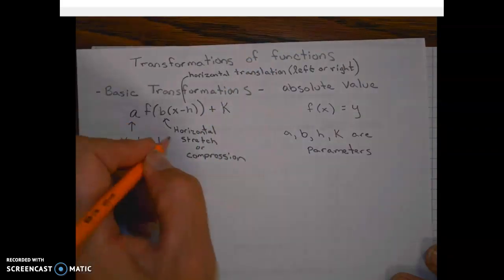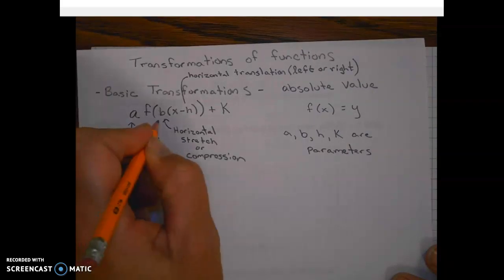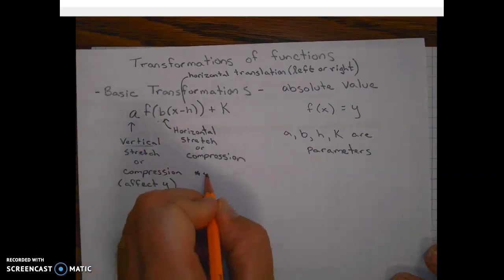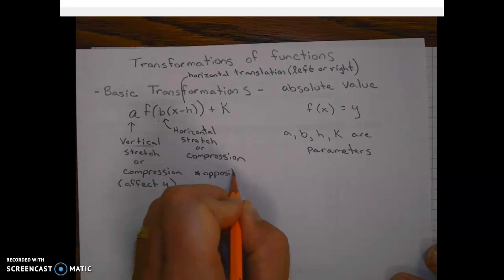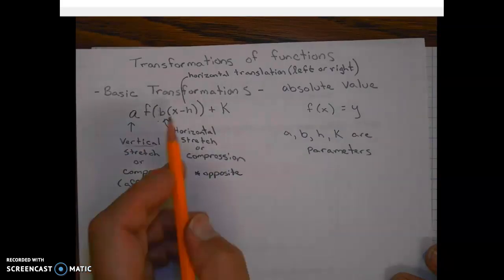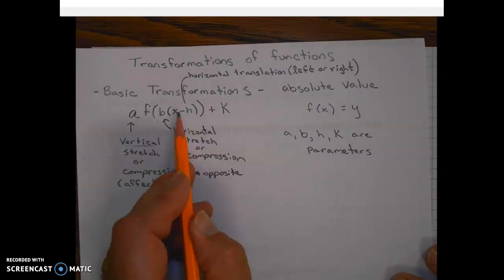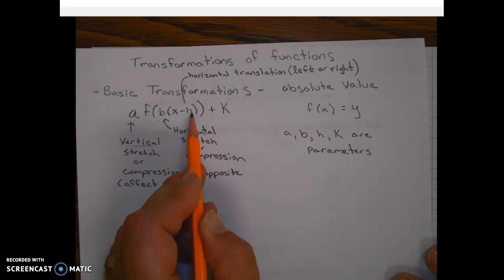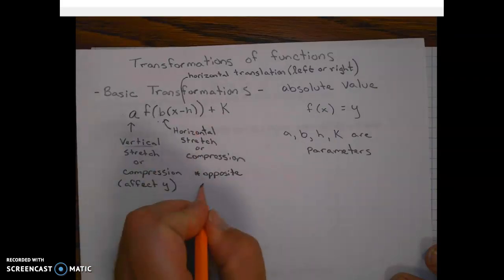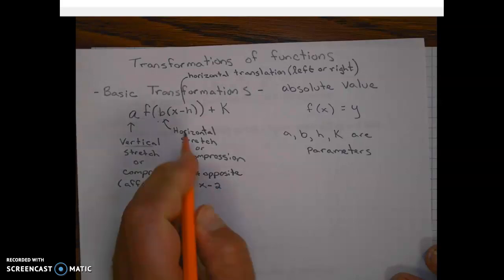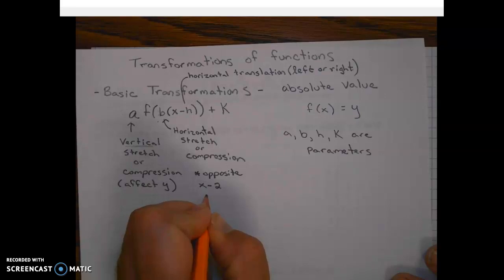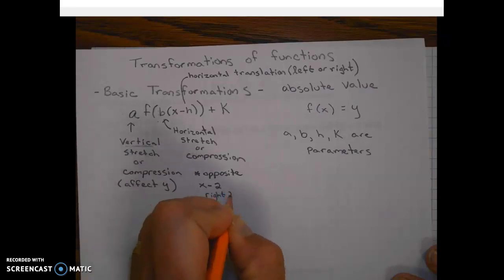Now, something very, very important about affecting the x: it's always going to be the opposite. So if you're subtracting 2, you're going to be moving to the right. So x minus 2 moves right. We would say horizontal translation, right 2 units.